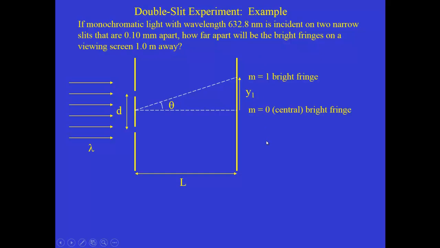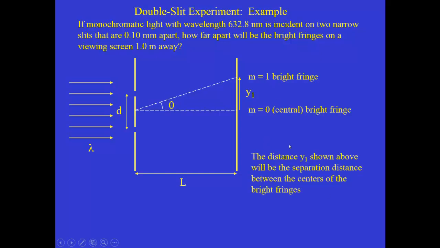Well, we need to write down the condition for constructive interference where the bright fringes are located. Then that will give us an equation with the angle theta in it. And if we know the angle theta, we will be able to figure out the distance y1 using a little bit of simple trigonometry. So that's how to set that problem up, and we will finish it in class.